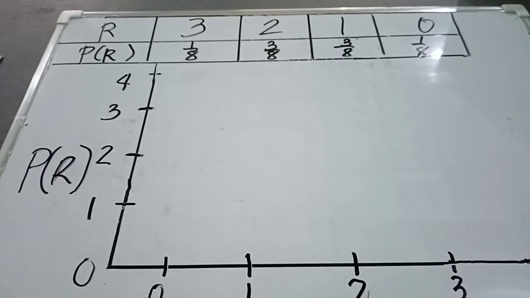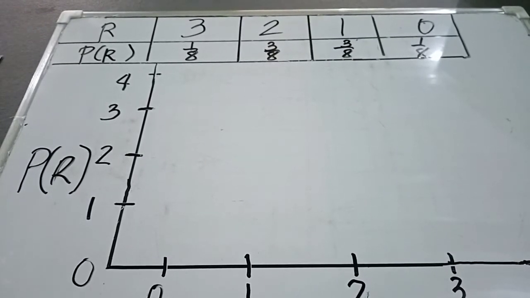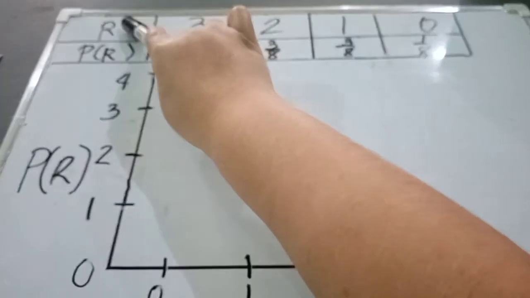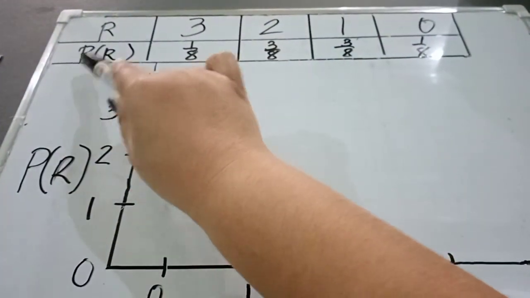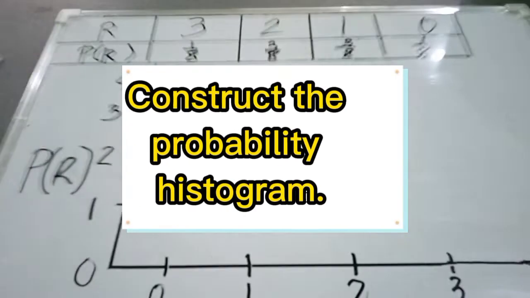Class, for example, using the same given, you are asked to construct the probability histogram of the probability distribution of the number of ripe bananas, such that we have the discrete random variable as 3, 2, 1, and 0, and the probabilities as 1 over 8, 3 over 8, 3 over 8, and 1 over 8. So you need to construct a probability histogram.